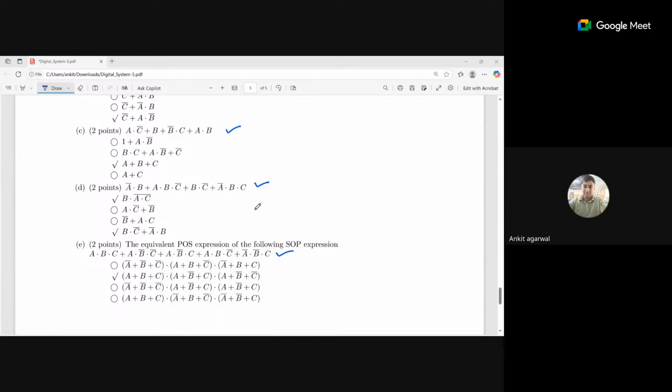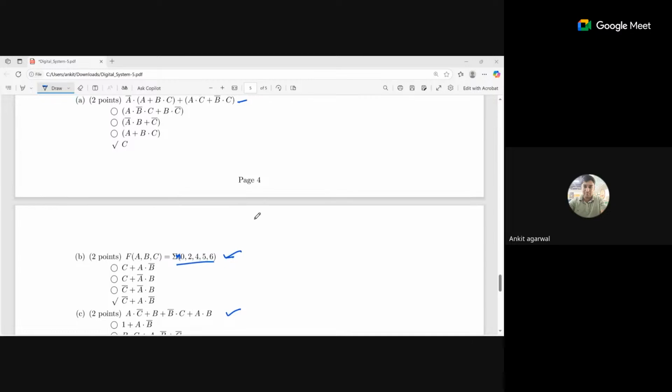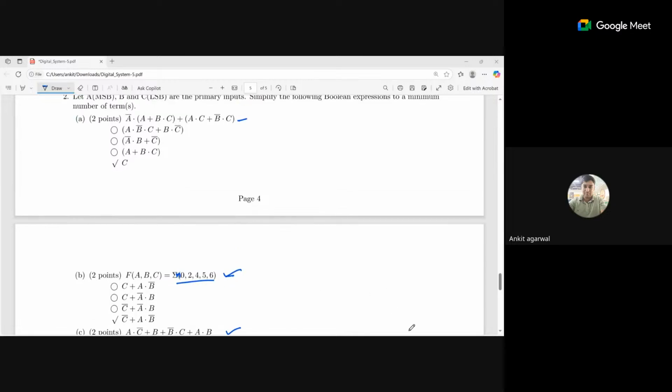So these are the 5 questions remaining. For Boolean simplification, you can solve these. We will discuss in the next class. Now, if you have any doubt, you can ask. Any doubt?